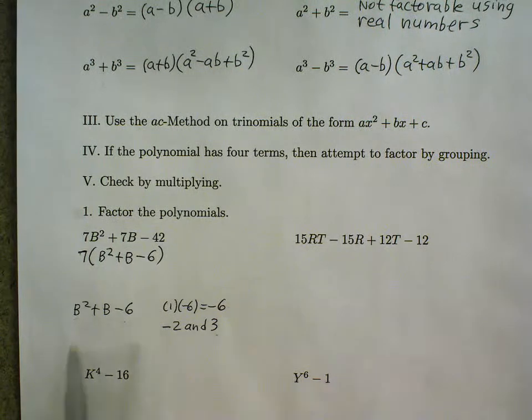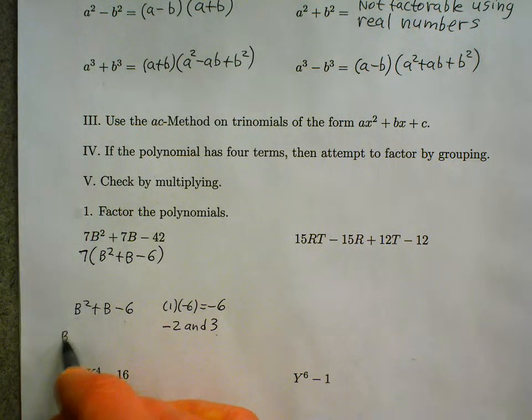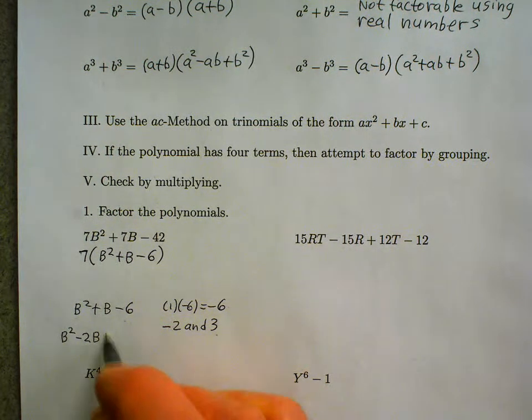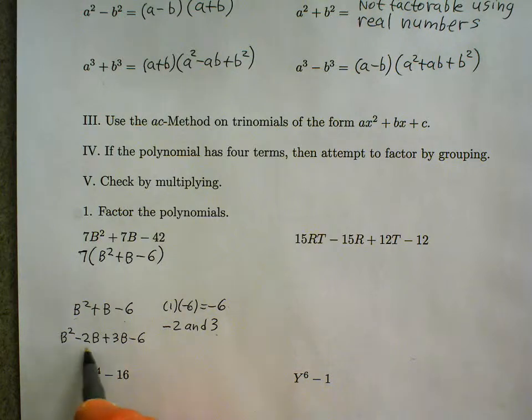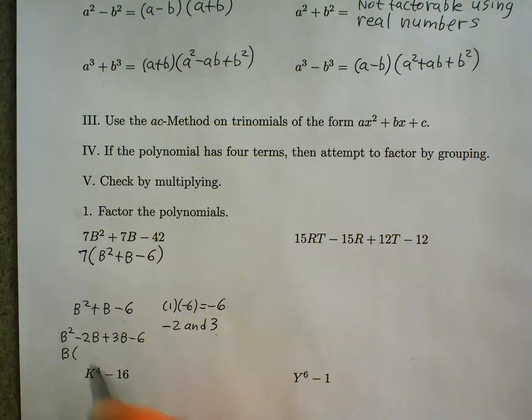So transform it into a quadrinomial, b squared minus 2b plus 3b minus 6. And then factor by grouping. Out of the first two terms, factor out b. And the binomial is b minus 2. Bring down the middle operator of addition.